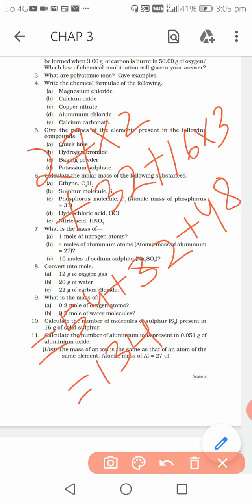Let us check it once again. The total comes to 126. So 126 is the mass of one unit of Na2SO3.